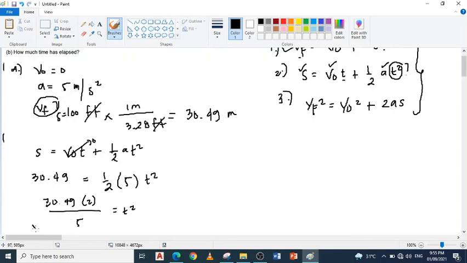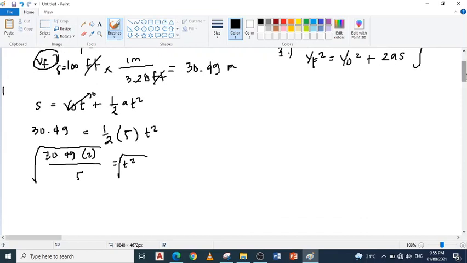So getting the square root of both sides, we can compute for the time, for the elapsed time. So the time here is, using your calculator, 30.49 times 2 divided by 5.